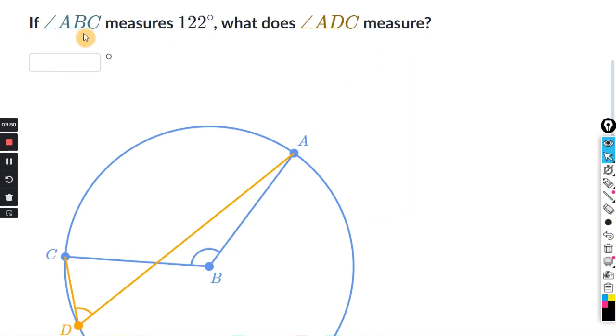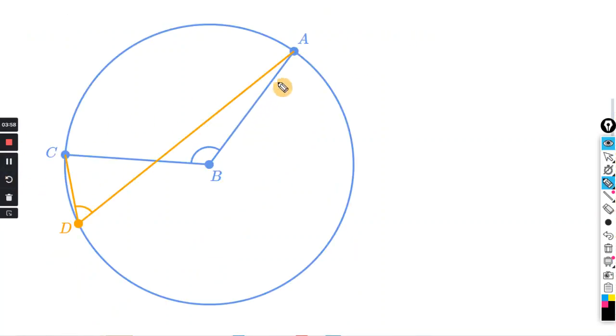I'm going to label ABC as 122 and ADC as X. Angle ABC is 122 degrees, and angle ADC is the one we're trying to find, X. Now, you'll notice this angle intercepts arc AC, and this angle in yellow also intercepts arc AC.